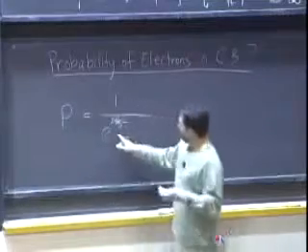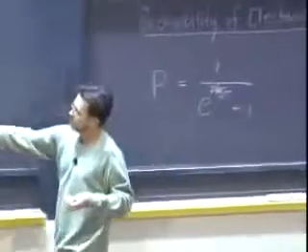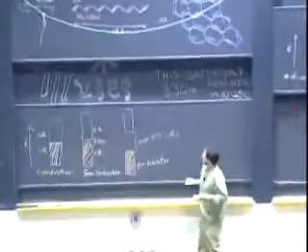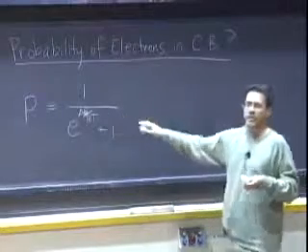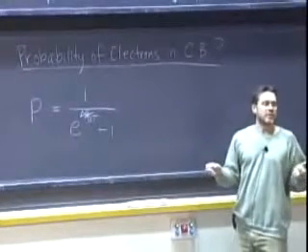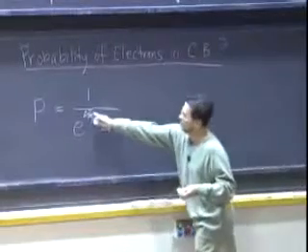And with an expression like this, delta E here corresponds to our gap. And so it's possible then to go ahead and estimate the number of electrons that would be present in a cubic centimeter of your material in the conduction band as a function of this energy gap.